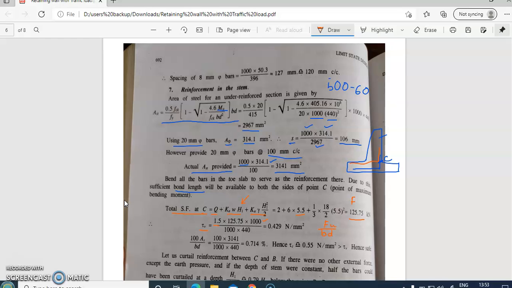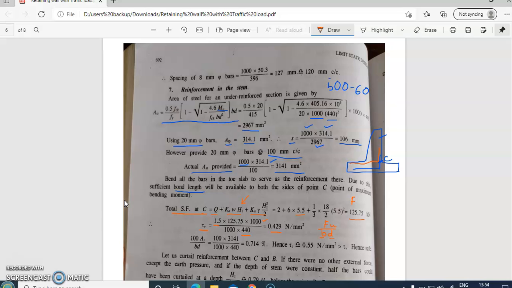To convert it into newtons, we multiplied by 1000. So B is 1000 mm and D is the effective depth, which is 440 mm. So we get tau V as 0.429 Newton per mm square.